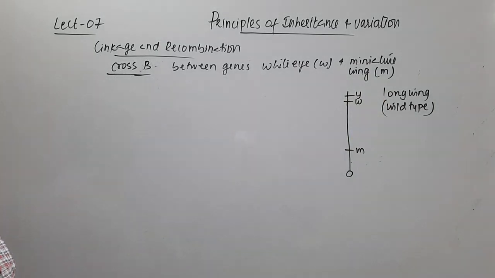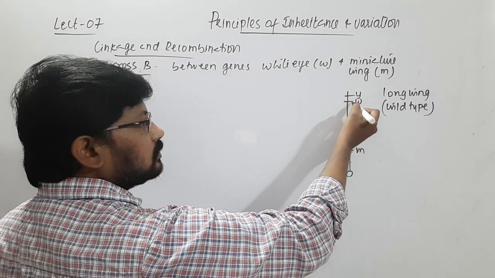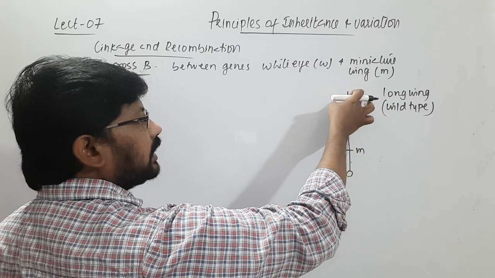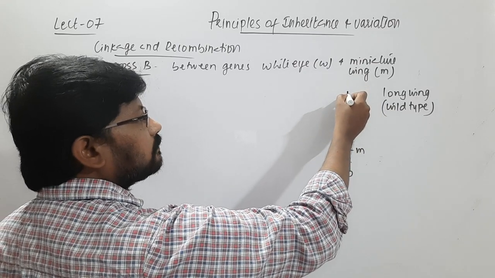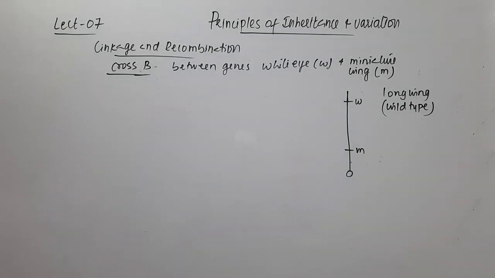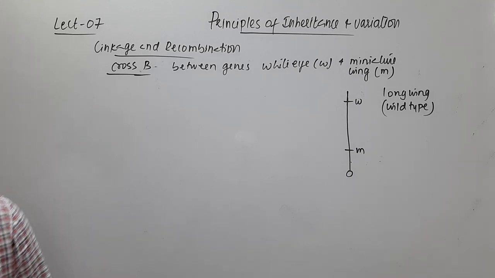Here we have the yellow body. The yellow body and white eye genes are very close, which we have already seen. Now I'm going to discuss the white eye and the miniature wing gene, and how we are going to get parental and non-parental combinations. Non-parental ones are the recombinants. Let's see.